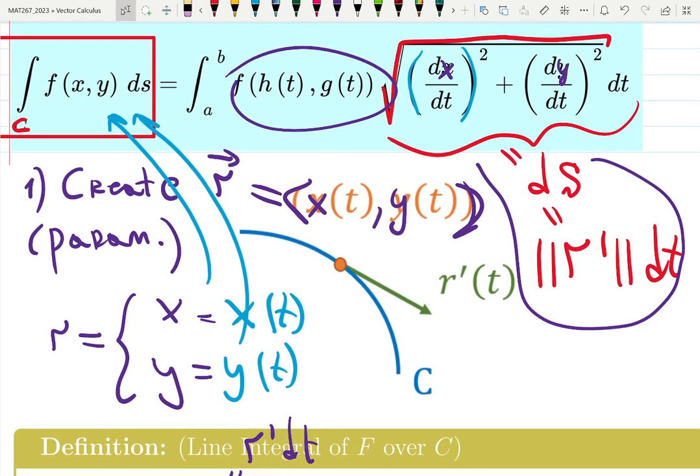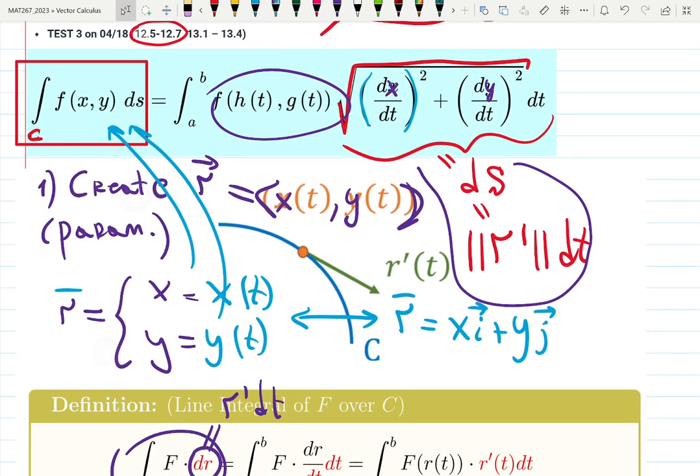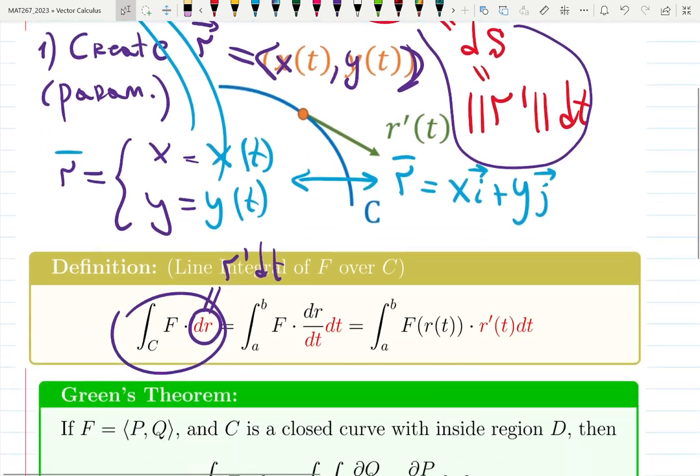You're connecting different notations. That is the same thing as to say R is xi plus yj. Yeah. Good job. X component, y component. Yeah, very good. And see, those are the parts that are confusing. So it's nice if people will be asking about that.